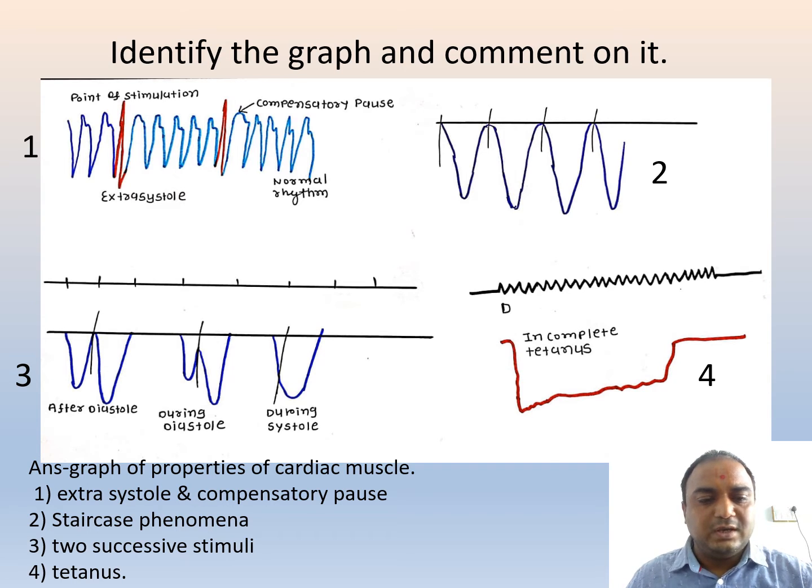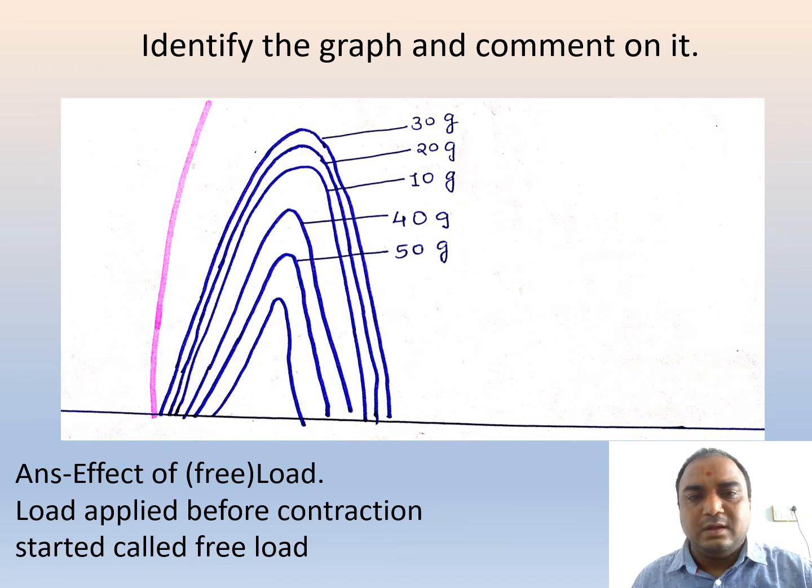You can see the upstroke is the diastole and the downstroke is the systole. And the last one is the incomplete tetanus or graph of tetanus, where there is a fusion of contractions but no relaxation.